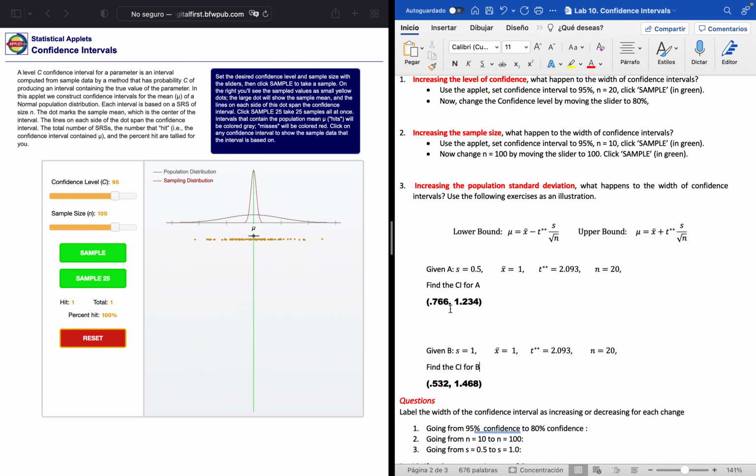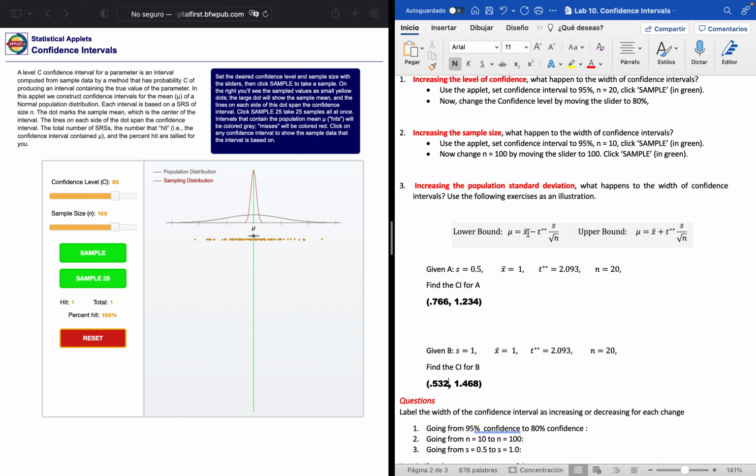So what happened to the interval? Notice when we increase the standard deviation, the interval is increased. That makes sense because remember the standard deviation is a measure of variability, so we have more variability in the data. So the interval is not going to be more precise.